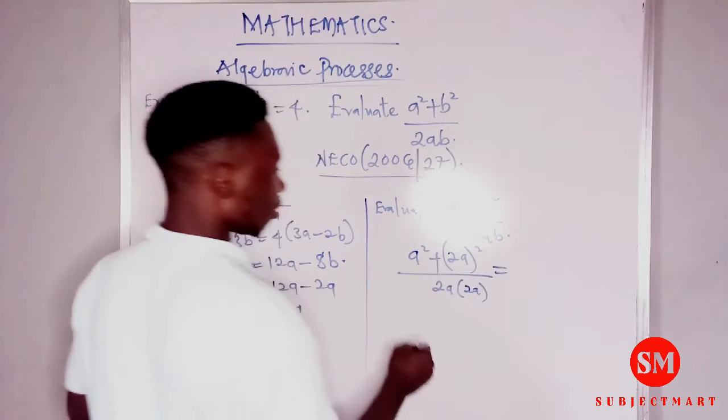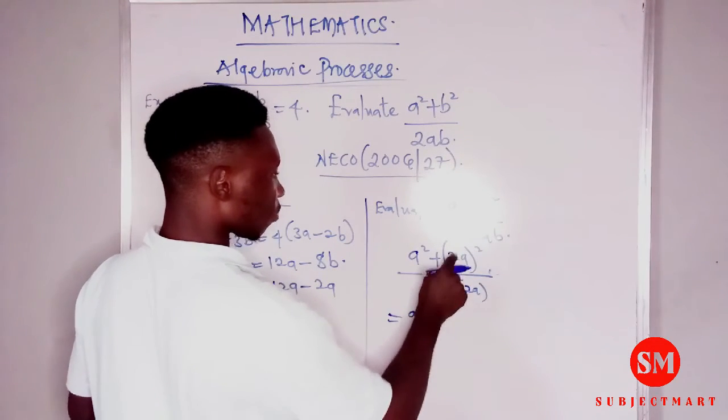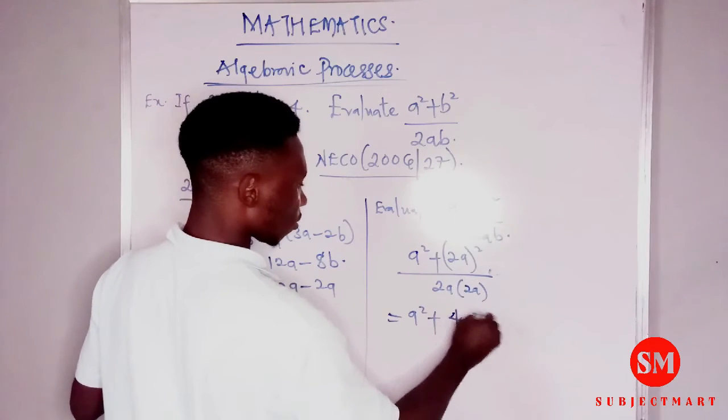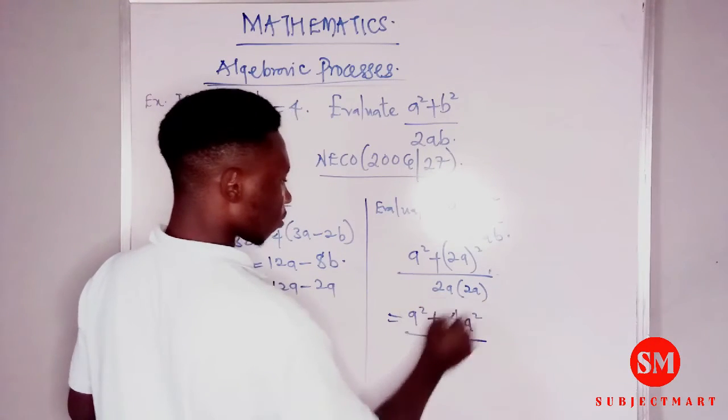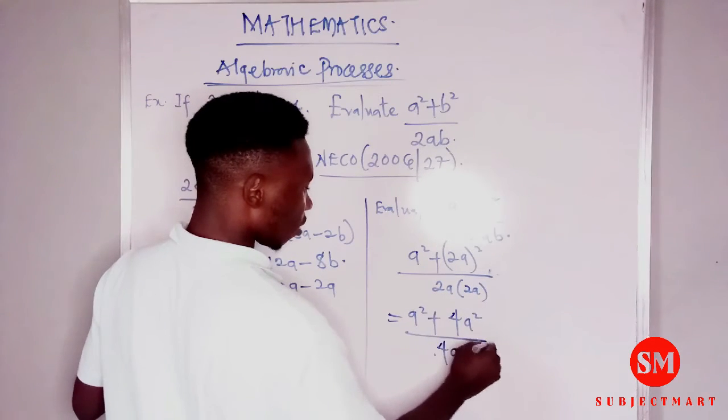So I can now evaluate this further to give me a squared plus 2a squared, that is 4a squared, over 2a times 2a, that will give us 4a squared.